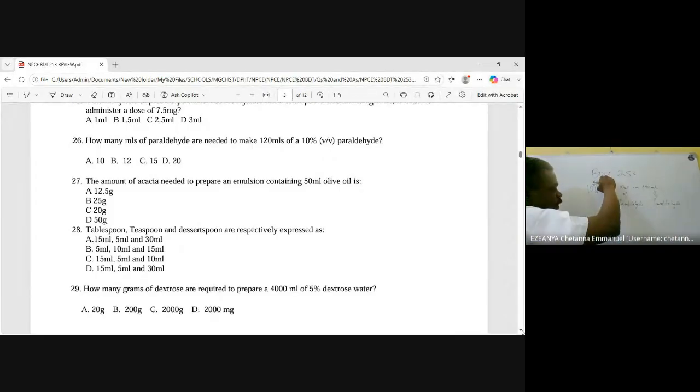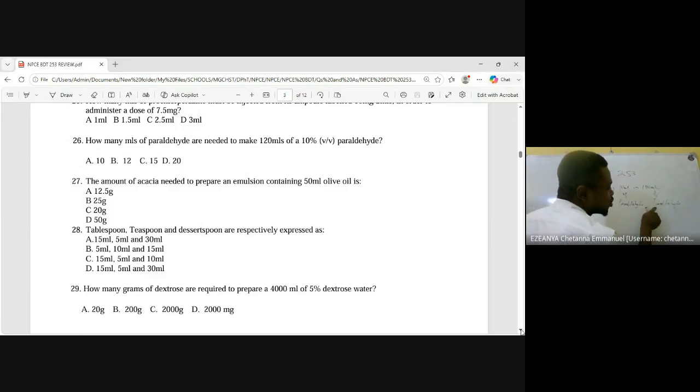The upper volume is the actual volume of the active ingredient, while the volume below is the volume of the entire product or the medicine. Here, the product is an injection, and this paraldehyde is the drug itself. 10 mL of this drug, the active ingredient, in 100 mL.